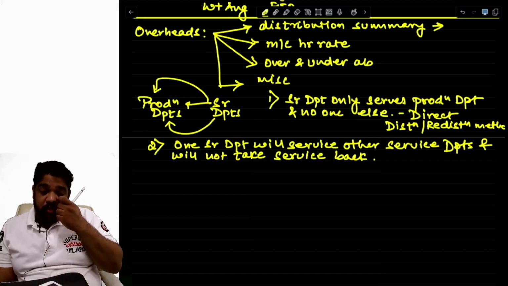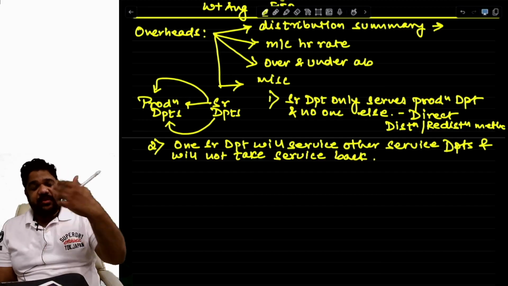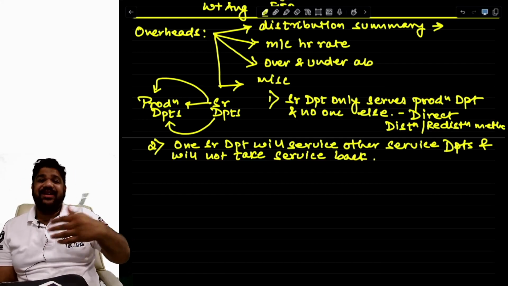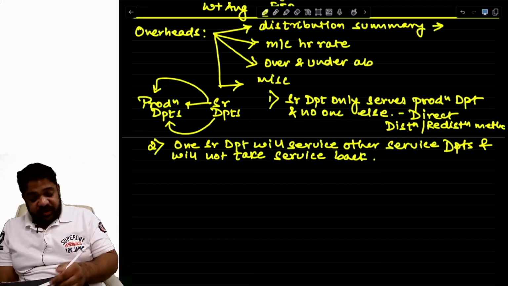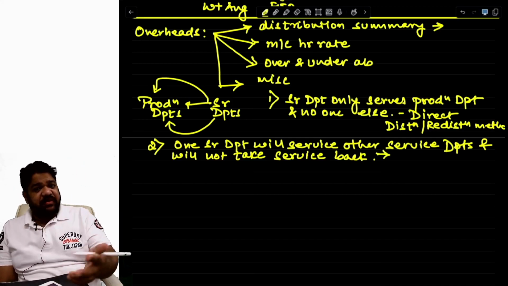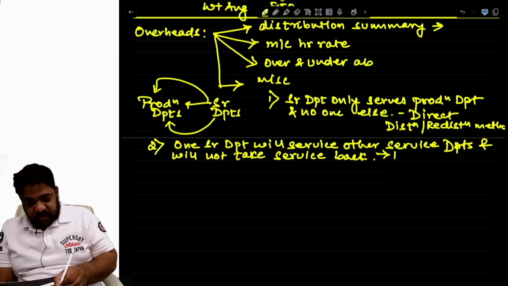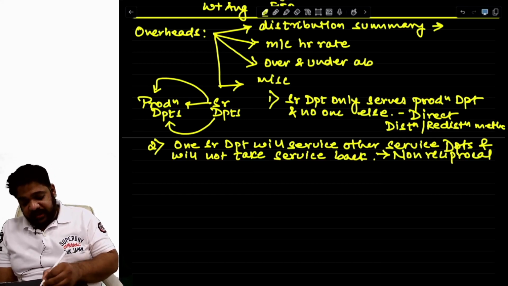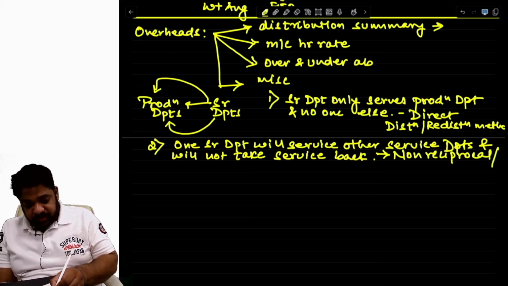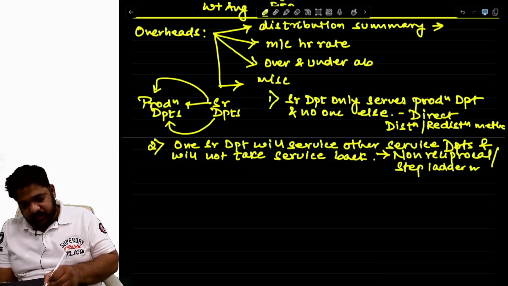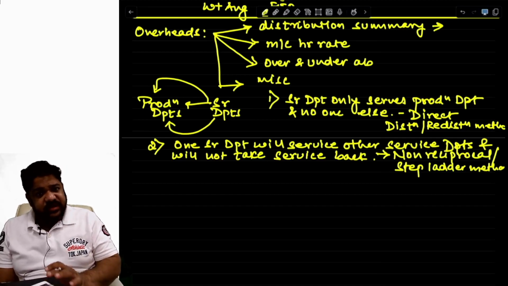So one service department is serving another service department, but it doesn't take service back. Since this is a one-way street, this method is called the non-reciprocal method. And the non-reciprocal method may also be called the step ladder method.